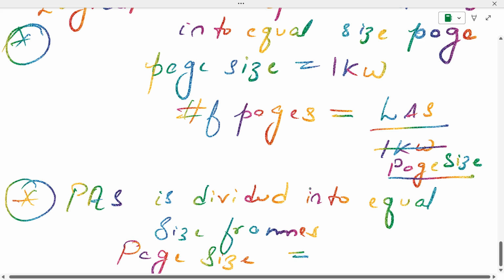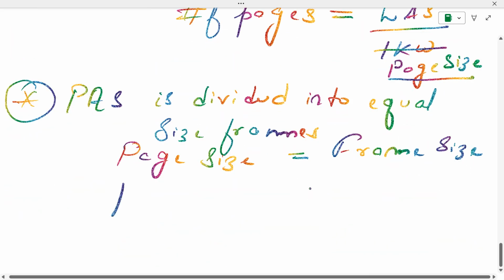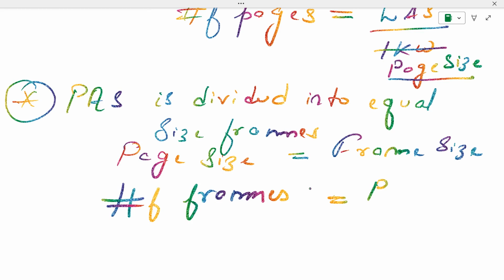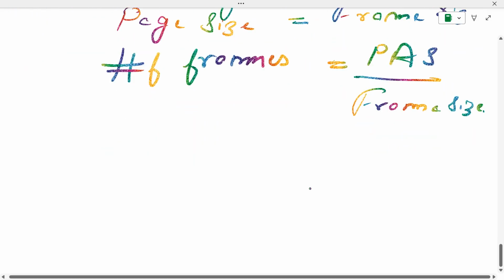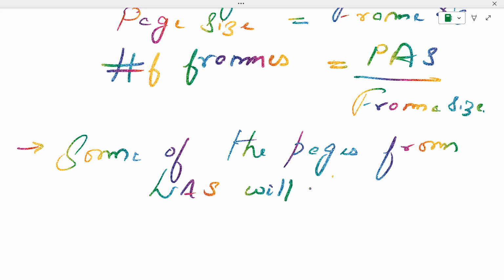Hence the number of frames is equal to the physical address space upon the frame size, right? Now at one instant of time, only some of the pages from the logical address space, that is LAS, will be brought into PAS.